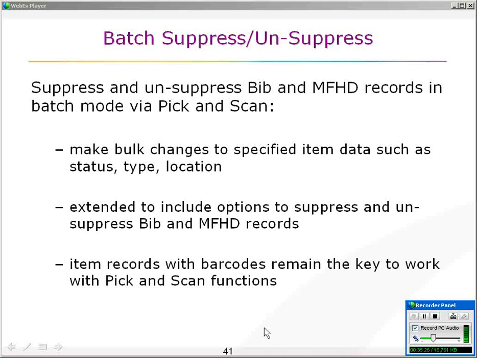But this has now been extended to include the options to suppress and unsuppress bib and holdings records. The item records remain the key to working with the pick and scan functions, because we have to be able to identify a particular item uniquely. So it means that we use that barcode a lot.